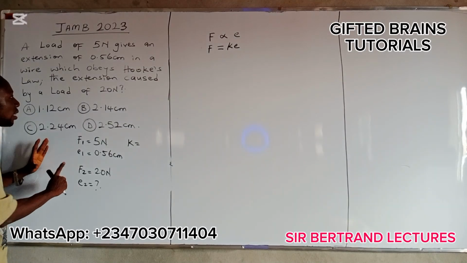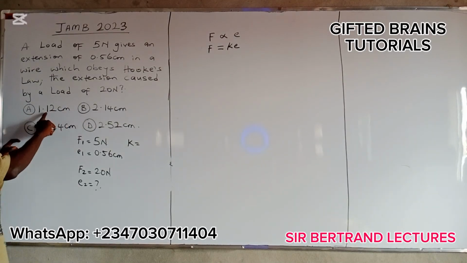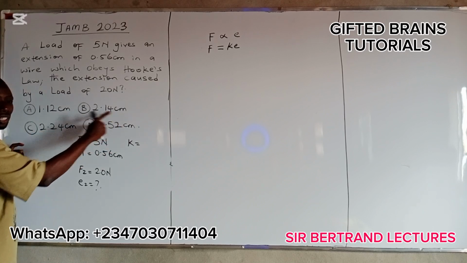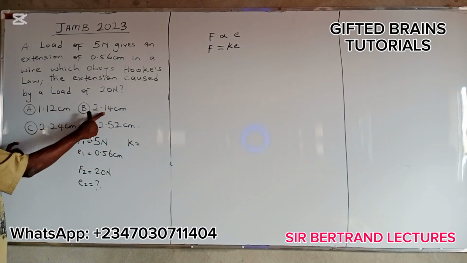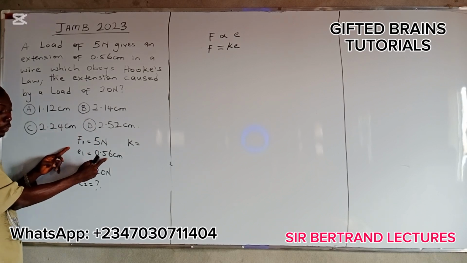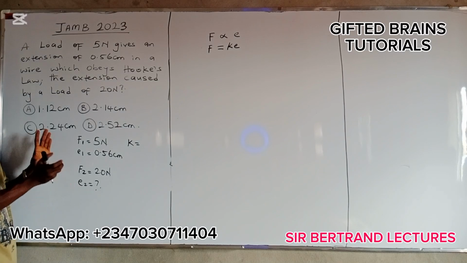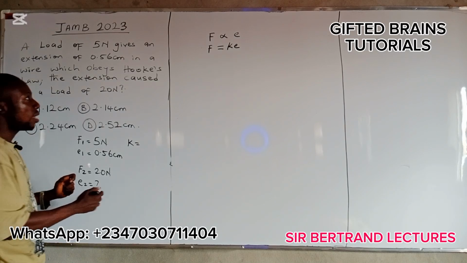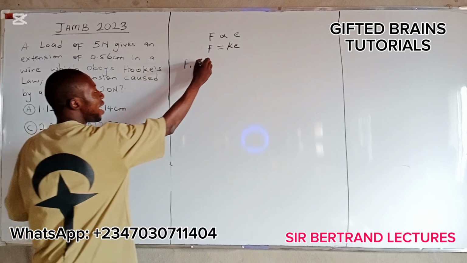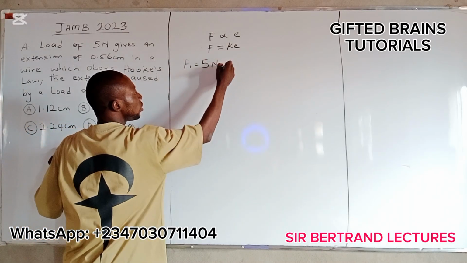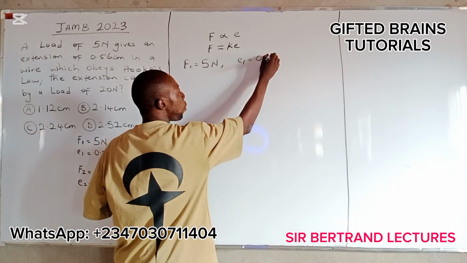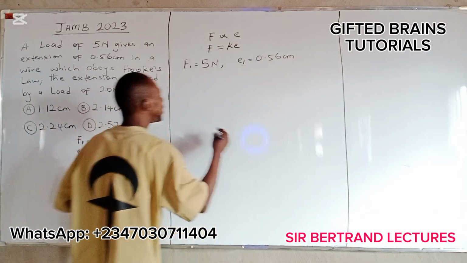Now if you look at the options here, all of them, option A, B, C, and D, are in centimeter. So there's no need to convert to meter. Let's work it with the centimeter. Now, our F1 is equal to 5 Newton, E1 equal to 0.56 centimeter.